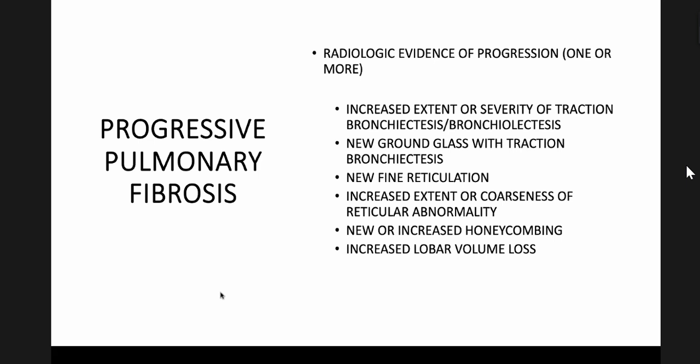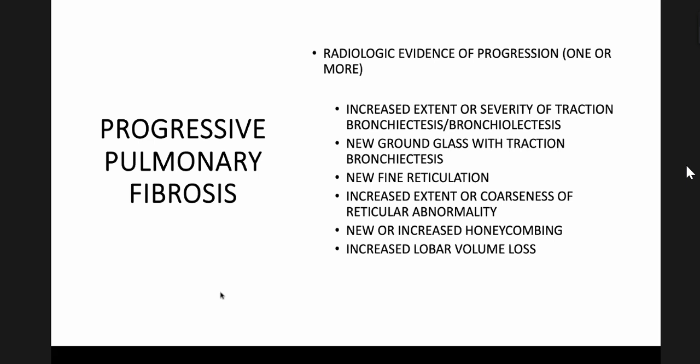As evidence of progression, what is the extent or severity of traction bronchiectasis, new ground glass with traction bronchiectasis, new fine reticulation, increased extent or coarseness of reticular abnormality, new or increased honeycombing, or increased lobar volume loss.